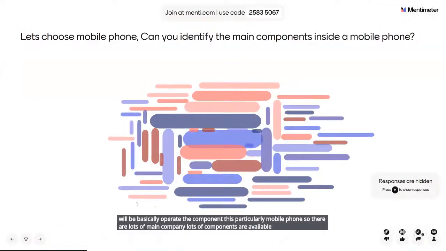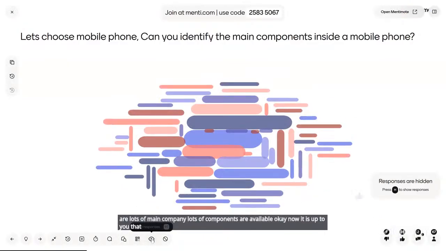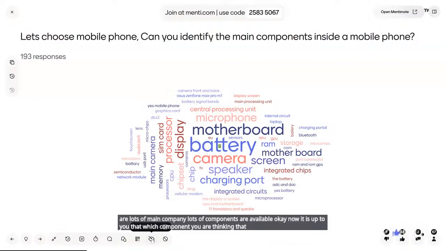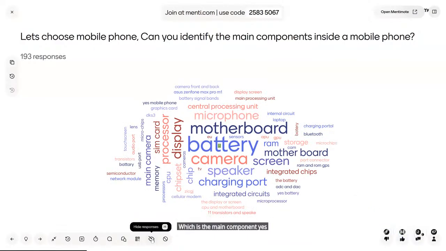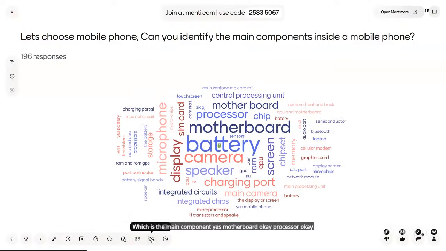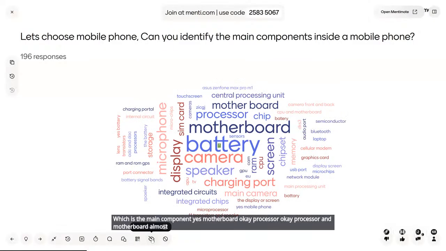Now it is up to you which component you think is the main component. Yes, motherboard. Processor. Processor and motherboard are almost the same thing. In the mobile phone, the motherboard is a combination of different things. All ICs will be inserted on the motherboard. In between them, one processor IC is also available on the motherboard.